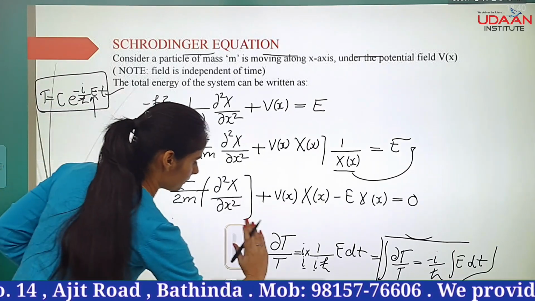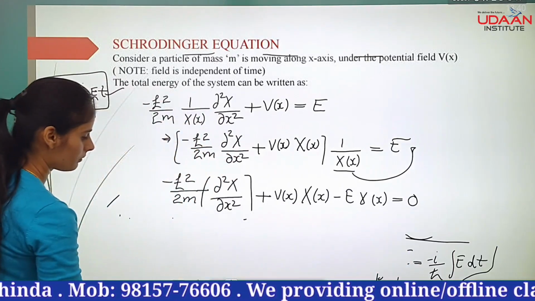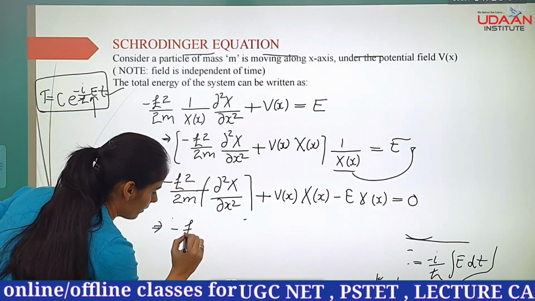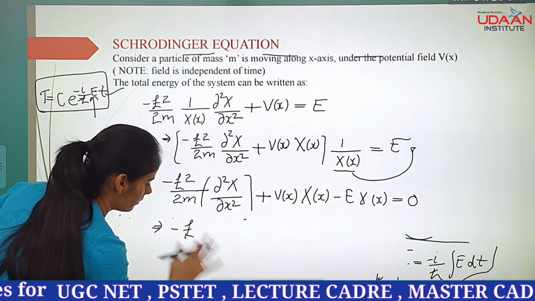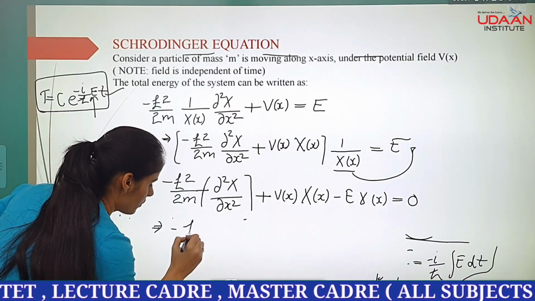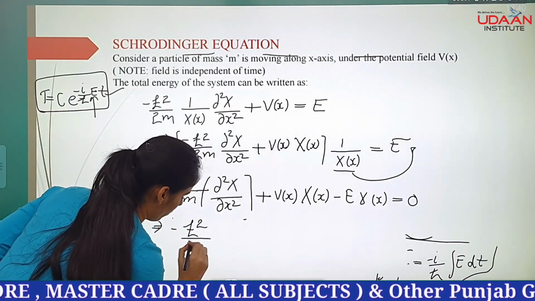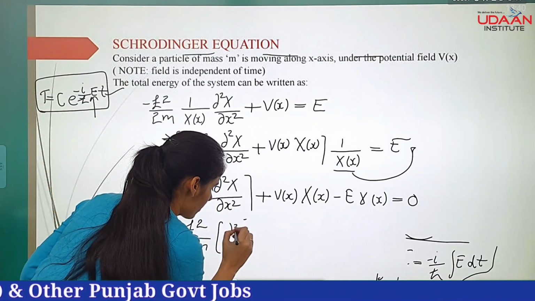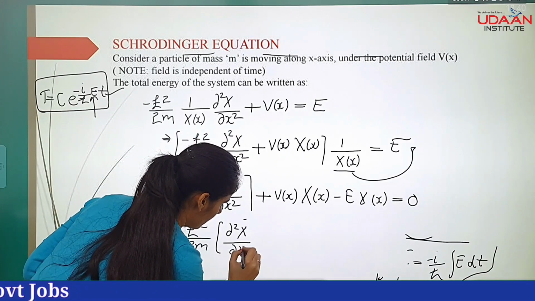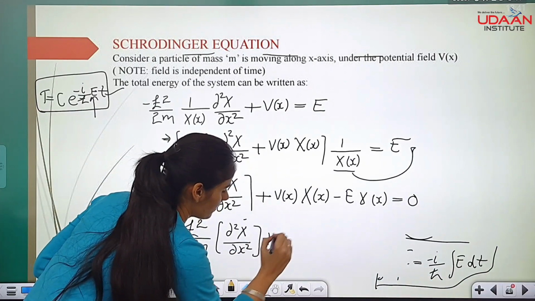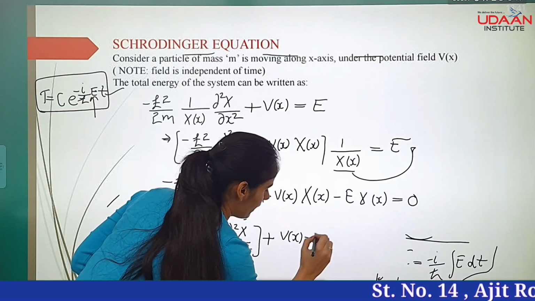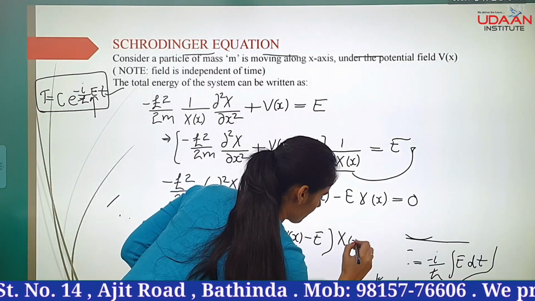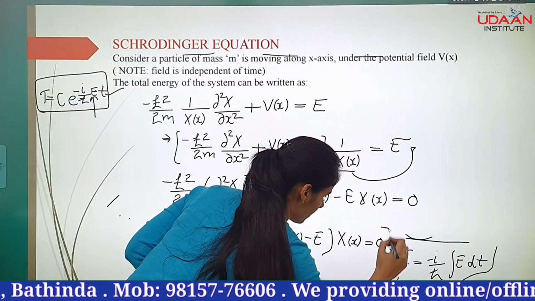So further, what we are going to have as a final equation is minus h bar square over 2m del square X over del x square plus V of x minus E into X is equal to 0.